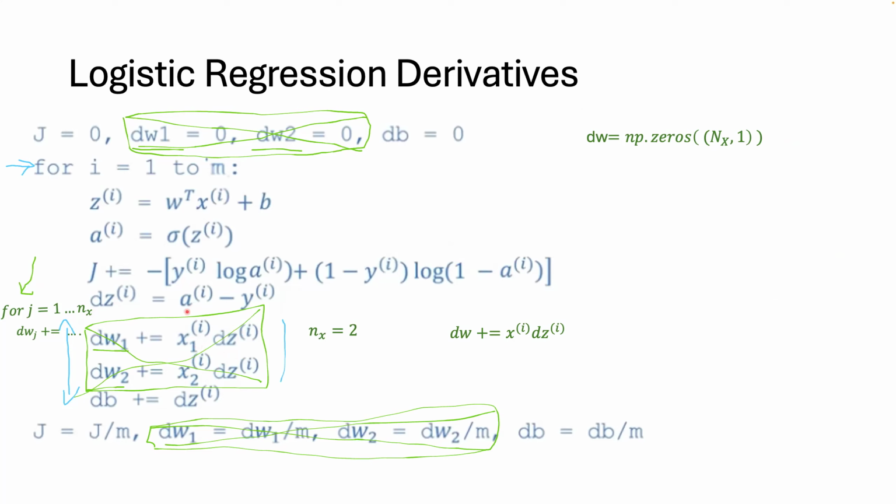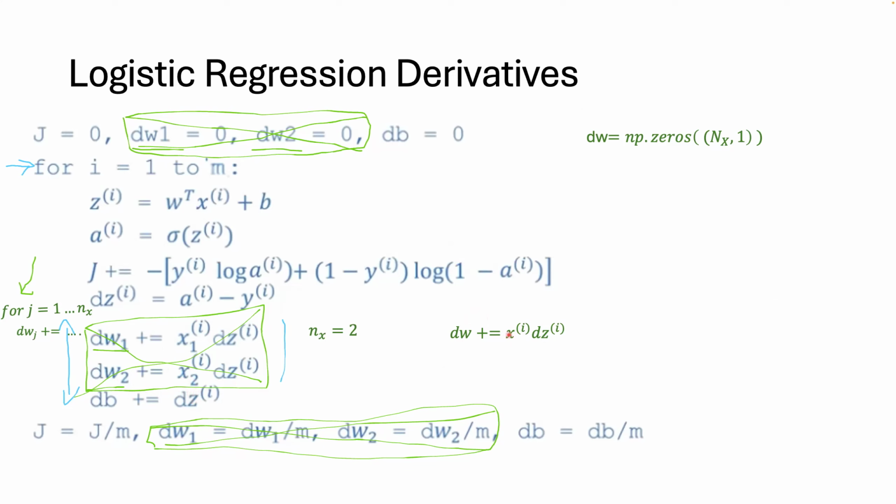So for dw, we're trying to cancel this one and loop over the individual components. Instead of going dw1, dw2, dw3, and so on, we want to remove this and make a function that would go through all of the features together. That would be dw += xi dz. Again, you see here nx equals 2, and if you had dw3, it would be 3.